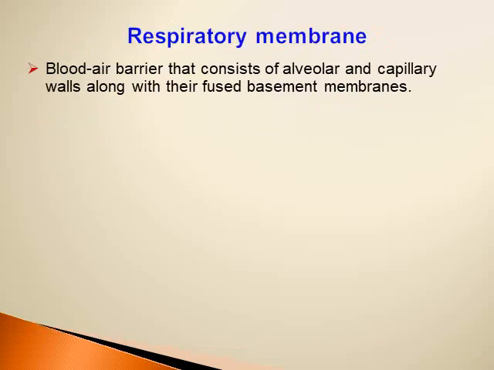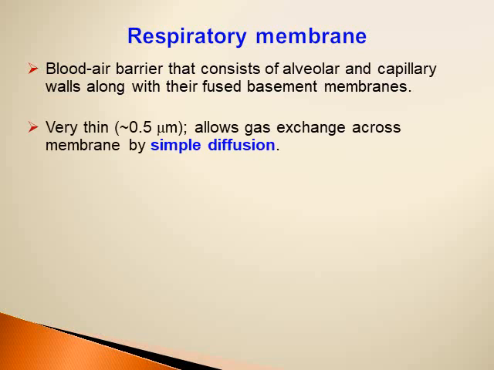The respiratory membrane is a blood-air barrier that consists of alveolar and capillary walls along with their fused basement membranes. It is very thin, with a thickness of 0.5 micrometer. This very thin respiratory membrane allows gas exchange across the membrane by simple diffusion.